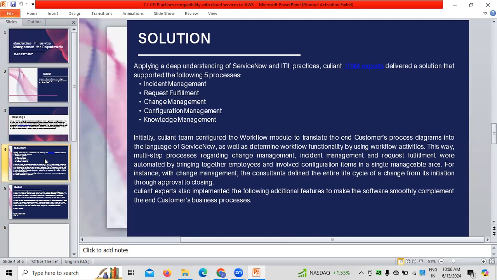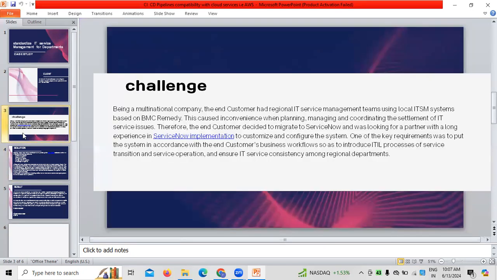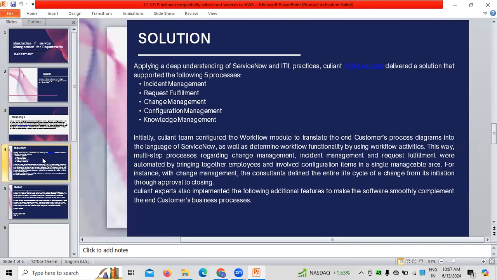In regard to that, normally as a solution provider, we have configured the workflow module, because the kind of challenge we have discussed is the customer's business workflow, which has to be addressed in this regard.